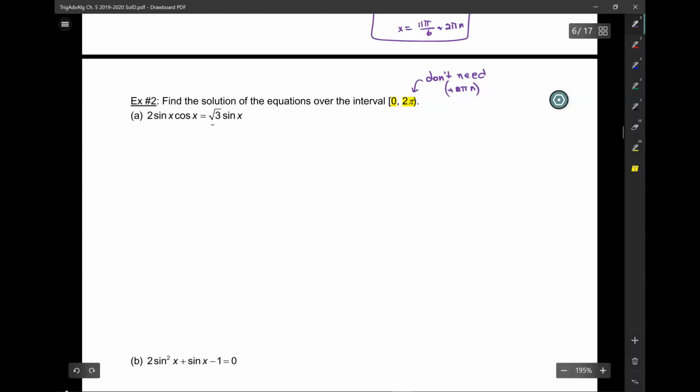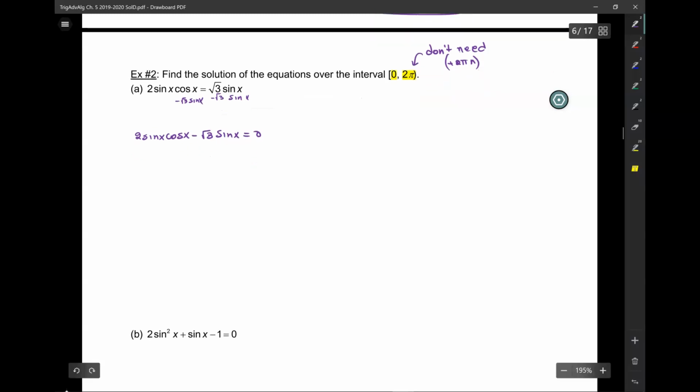Okay? So I'm going to subtract root 3 sine x from both sides. So I'm going to get 2 sine x cosine x minus root 3 sine x equal to 0. Okay.